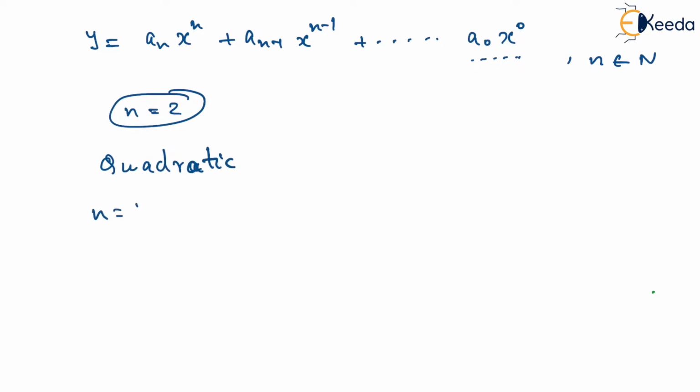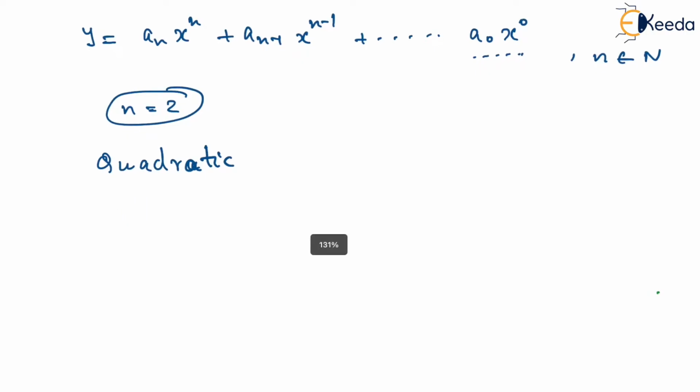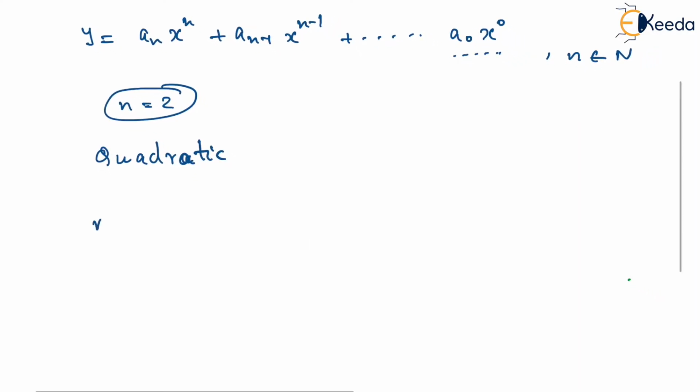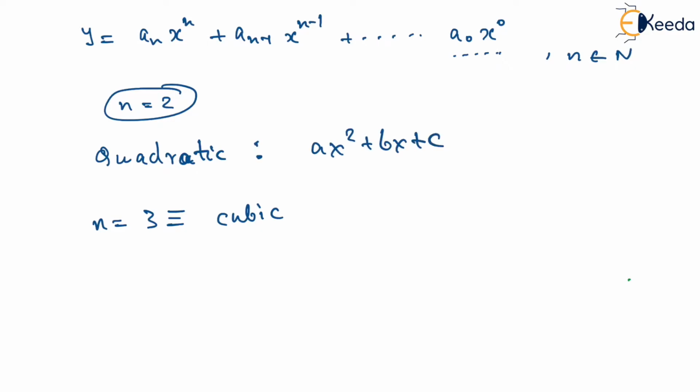For n equal to 3, we will say it is cubic, and so on. The standard form of a quadratic equation is ax square plus bx plus c, and we will get a parabolic graph in such cases.